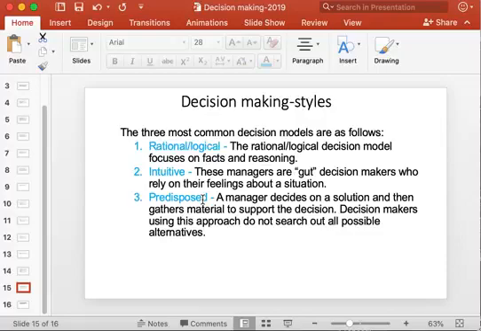The decisions are based on facts and reasoning or logic. When a manager uses the intuitive decision making style, these managers are called gut decision makers, and they rely on their feelings about a situation rather than facts and figures or reasons or logic.